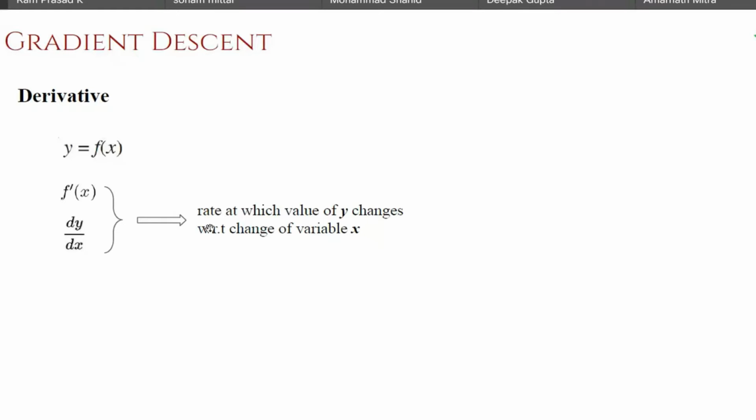It captures the rate at which y changes with respect to x. The other way of understanding is, when you make a small change to x, what kind of a change happens to y.